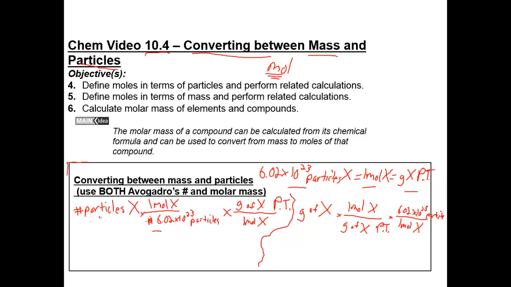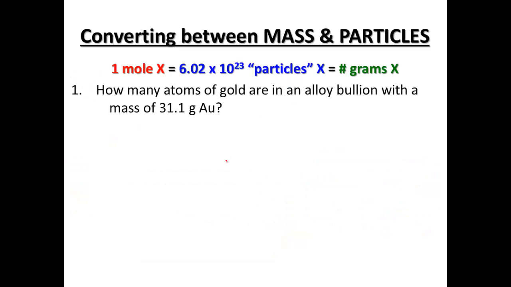So we can convert between particles and moles and number of grams, or grams to moles, moles to number of particles. So to use this information, just at the top of the page, I've put down 1 mole of X equals 6.02 times 10 to the 23rd particles, whatever it might be, equals the number of grams of X. Remember, we need to get that information from the periodic table.